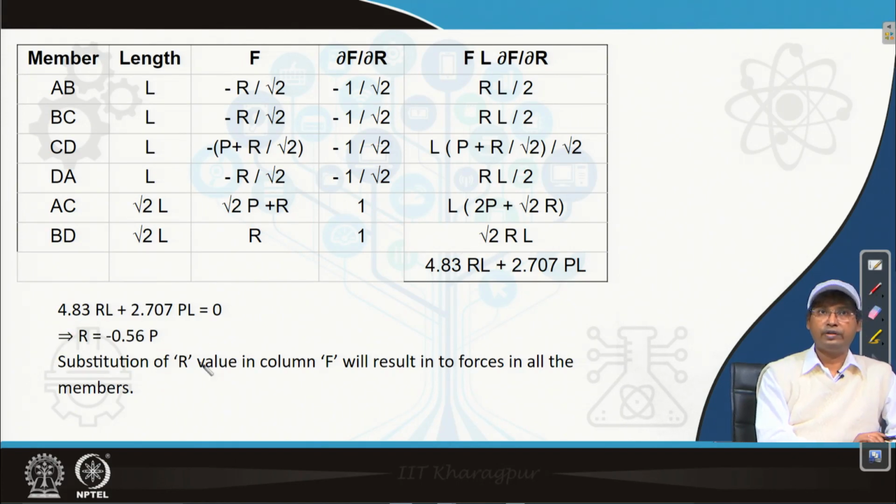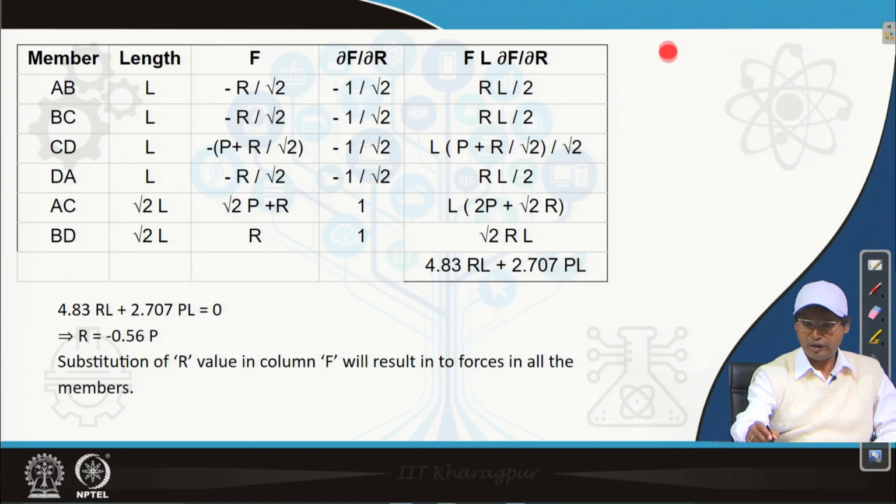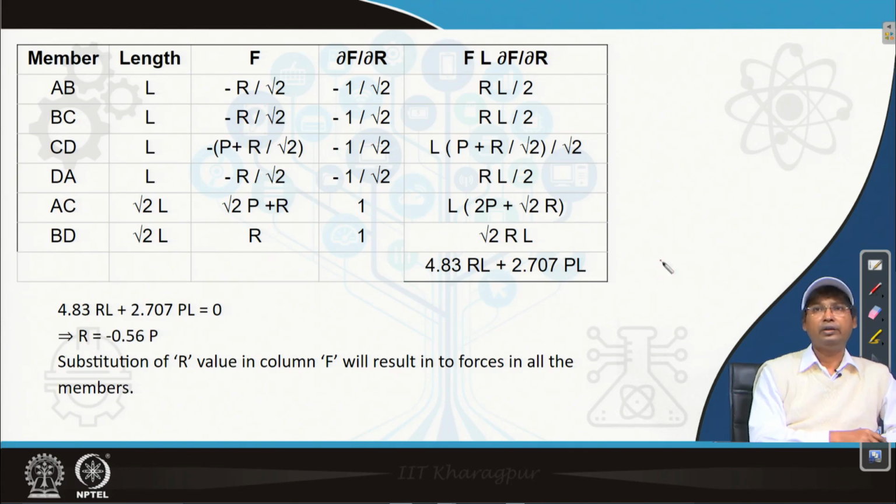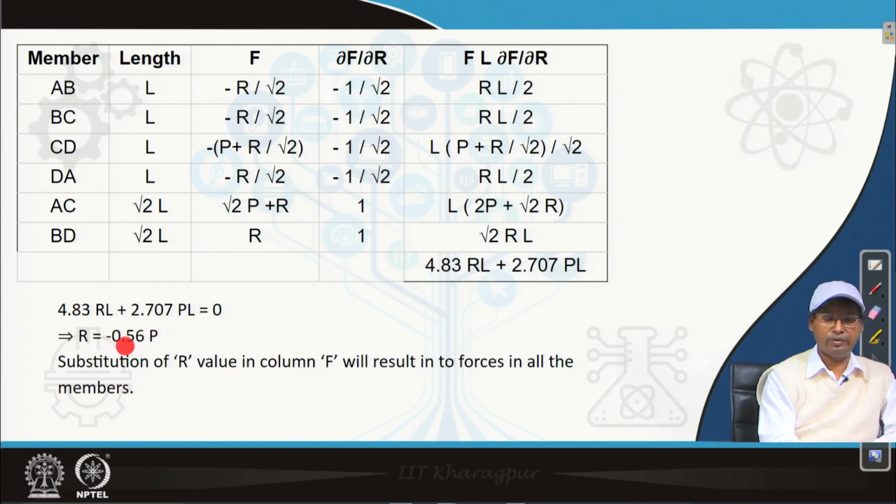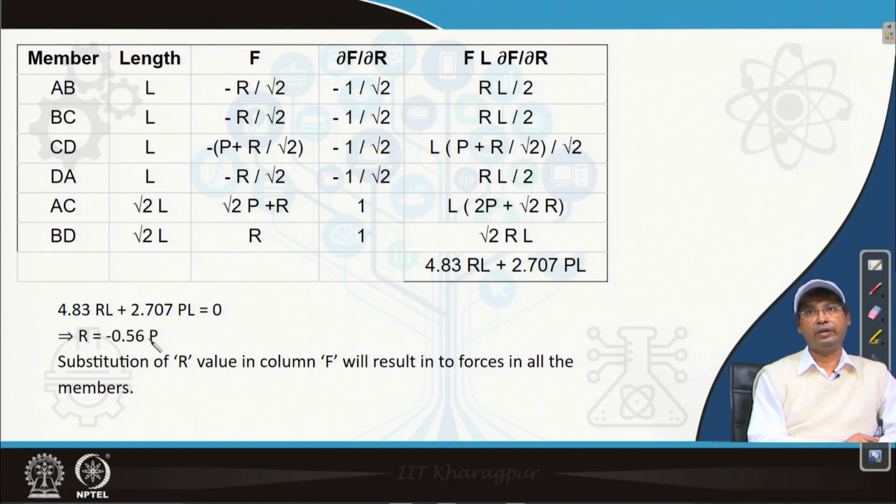Again, one more job is left for you to do. You can have one more column here. If we substitute the value of R, you can easily find out the forces in this member. So, the redundant force is first found out, that is minus 0.56 P. We assume tension, it has become a compression because it is minus.